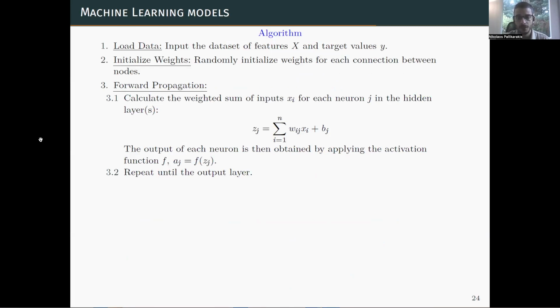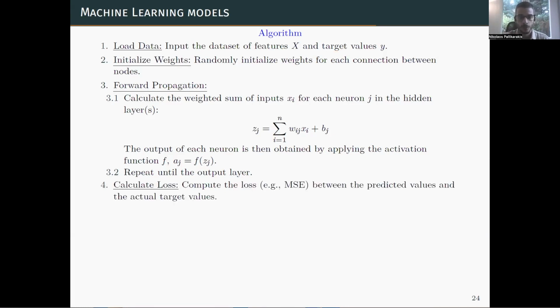This weighted sum then is outputted to the hidden layer neuron through an activation function. So we start from eigenvalues, we assign the weighted sum of inputs, and then this is outputted with a function f, which is a nonlinear activation function. And this is repeated in all nodes, in all layers until the output layer.